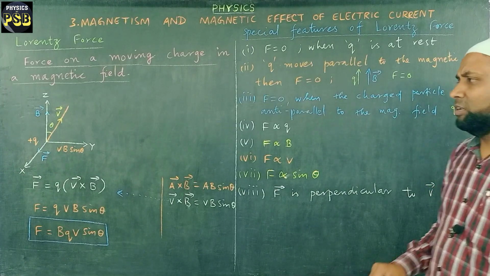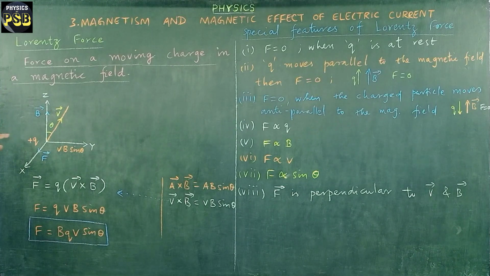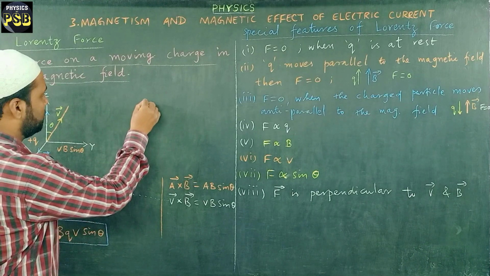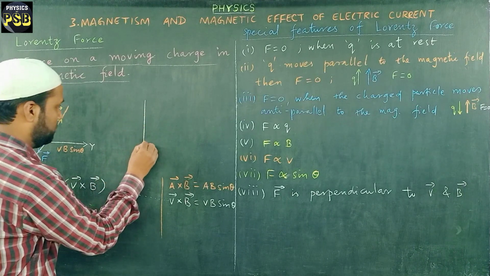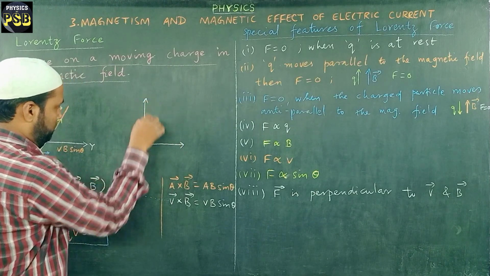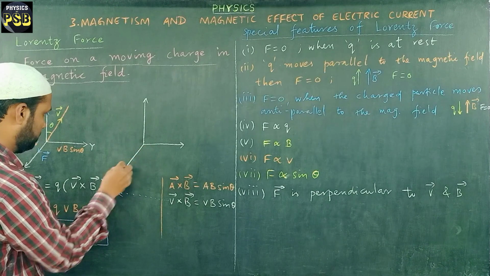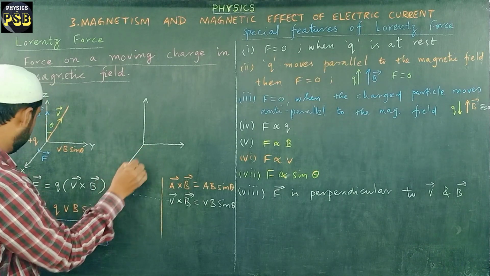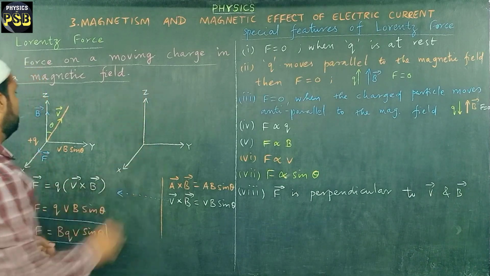The next, what if I have a negative charge in the place of this in a uniform magnetic field? Okay, let's find that out. For that, I take another coordinate system. This is the x-axis, y-axis, this is the z-axis.